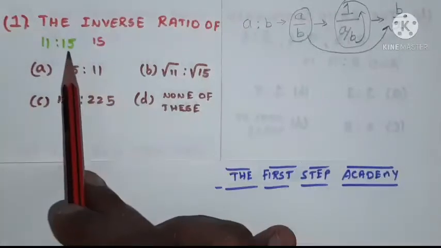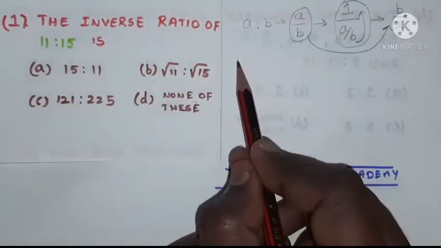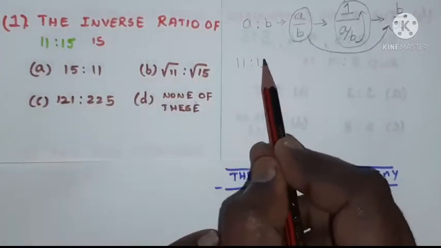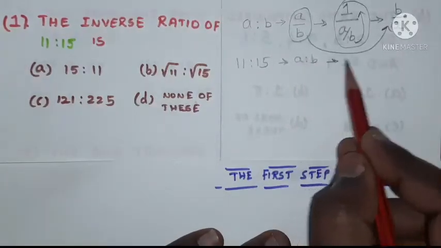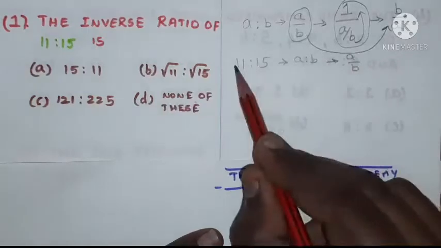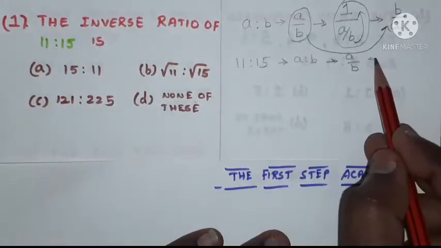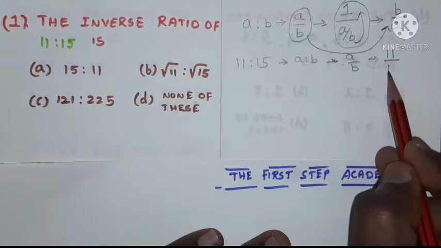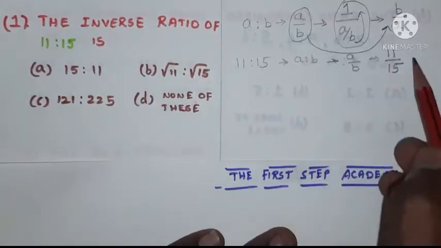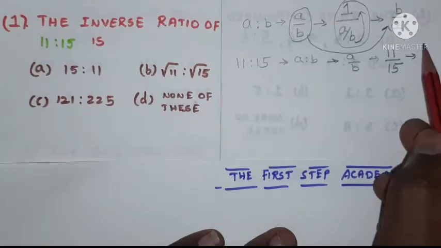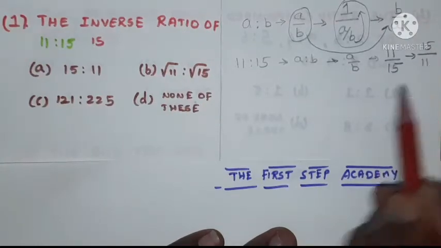So that is exactly what we are going to apply here. The given ratio is 11 is to 15. It is in the form A is to B, which can be written as A by B, where A is 11 and B is 15. So the given ratio is 11 by 15. Hence the inverse of this ratio can be written as 15 divided by 11. Am I right?